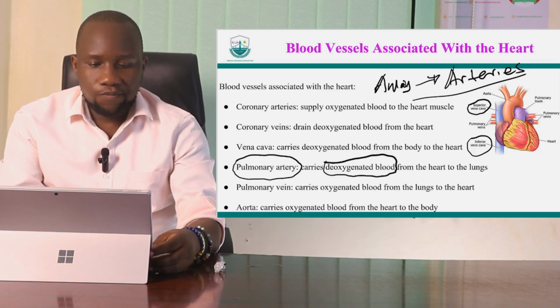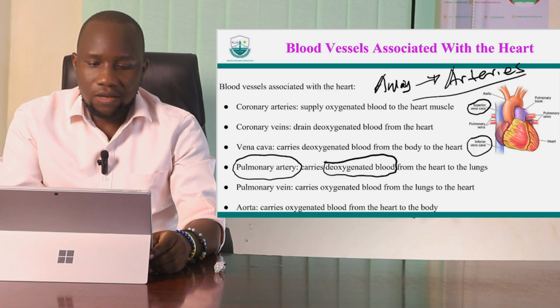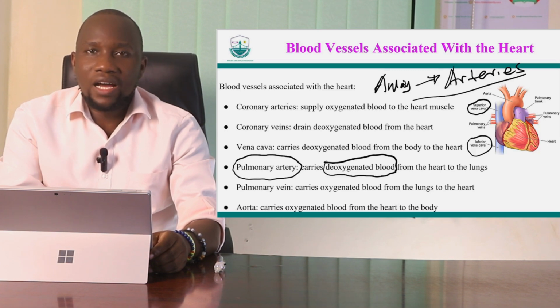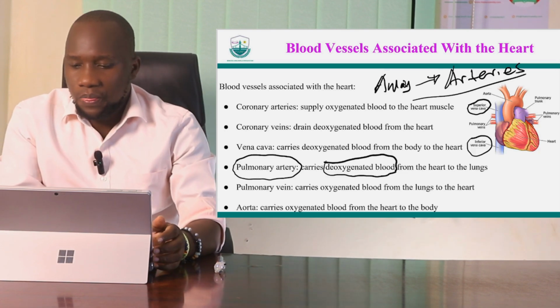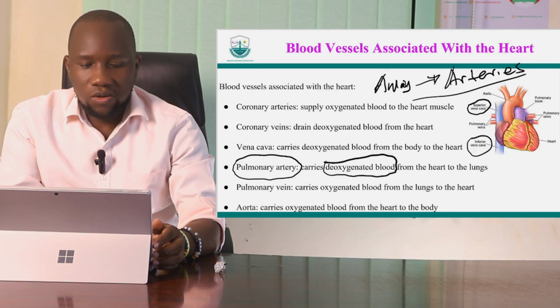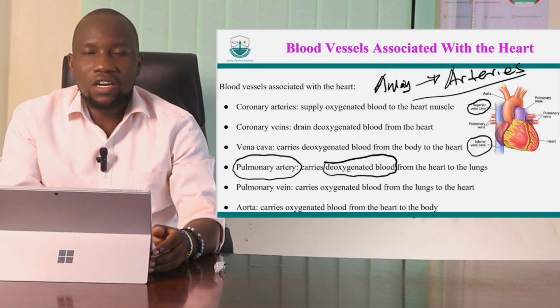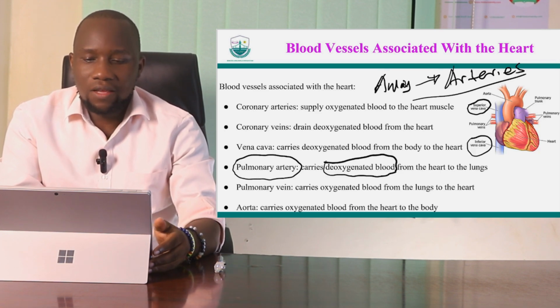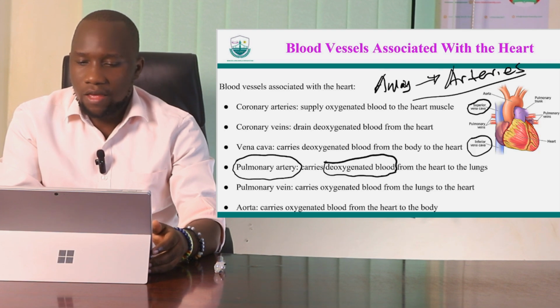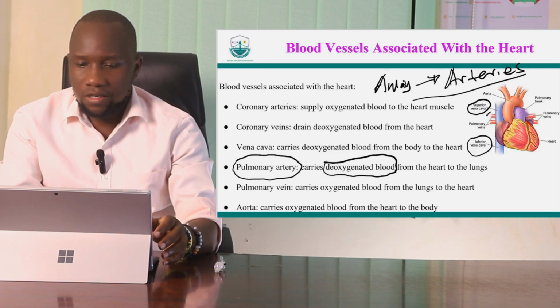And then the blood that comes from the lungs is oxygenated, because it is the lungs that are concerned with the oxygenation of blood. So the pulmonary veins, we have two on either side, these two here and these two here.